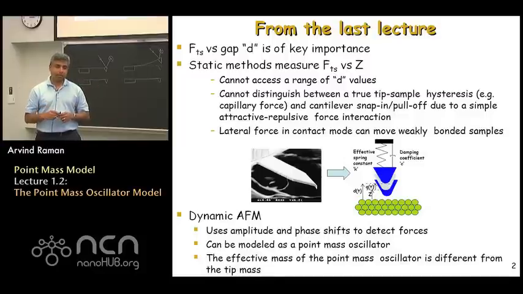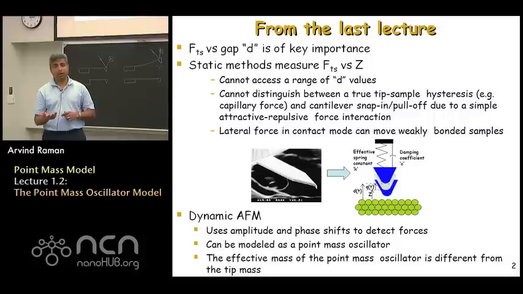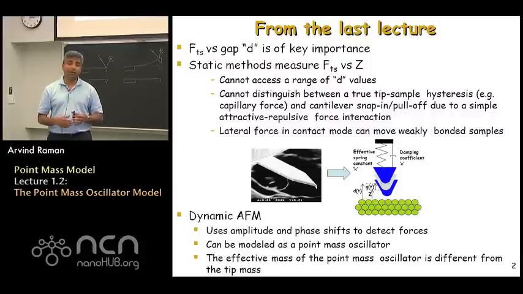A third important relevant disadvantage of static AFM methods is when one uses static AFM for scanning purposes, like in contact mode scanning. One tends to apply constant lateral forces which could easily move weakly bonded samples, and it'll be very hard to image weakly bonded samples in that case.